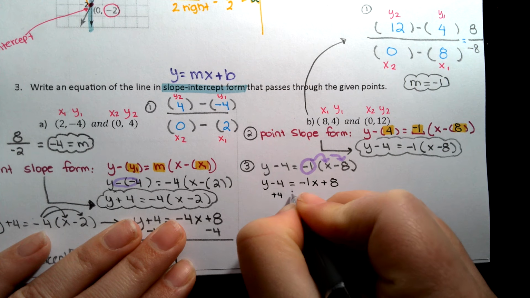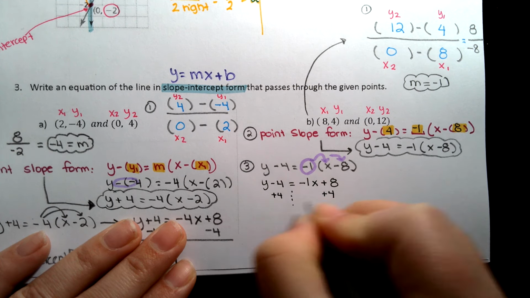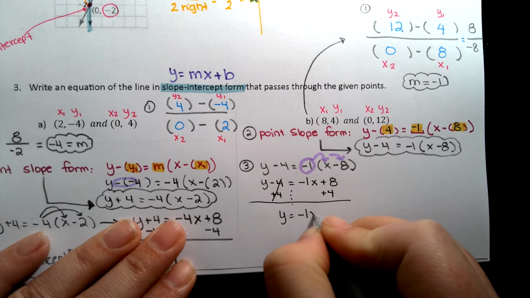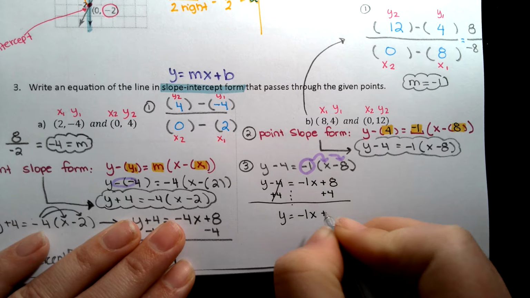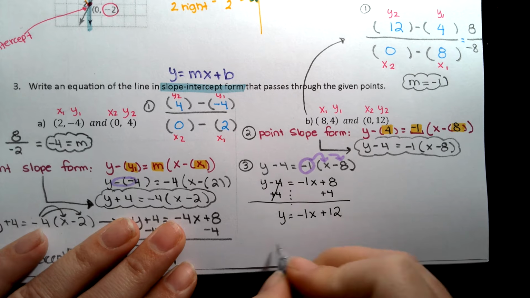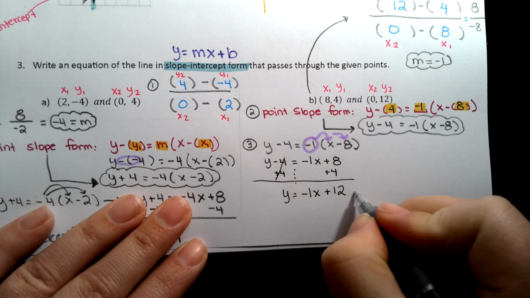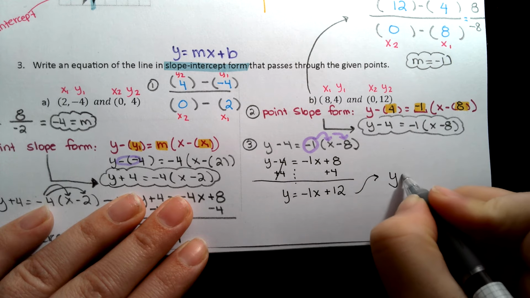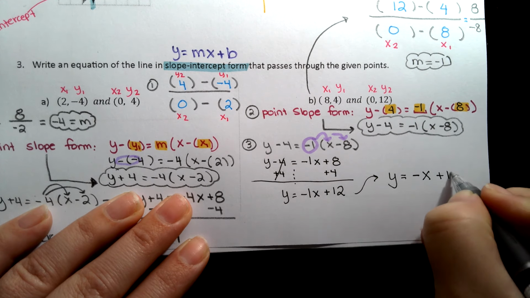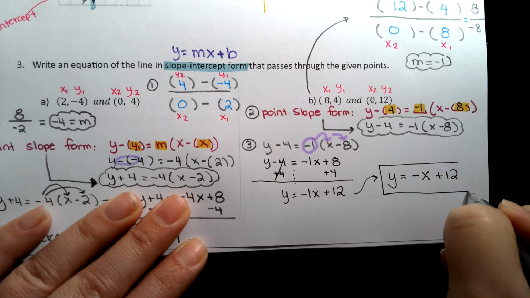Add 4 to both sides. We are solving for y. Y is equal to -1x plus 8, 9, 10, 11, 12. And again, you can keep it like this. That's fine. But typically, we want to write it out without any ones in front of x. So we have -x plus 12 for our answer.